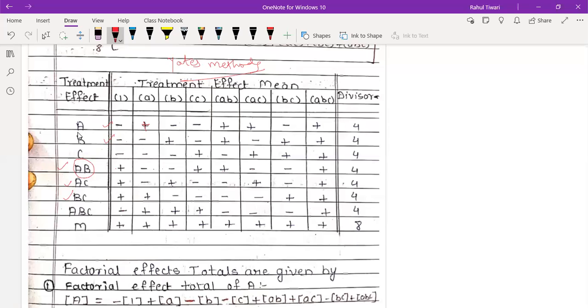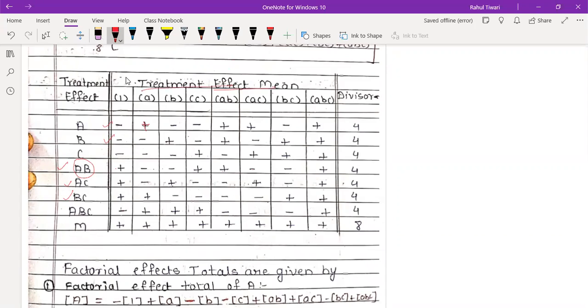And once you get the treatment effects, see, this table we are using for, sorry, this is not the 8 table. This is a treatment effects table. This is called the treatment effects table. Okay.